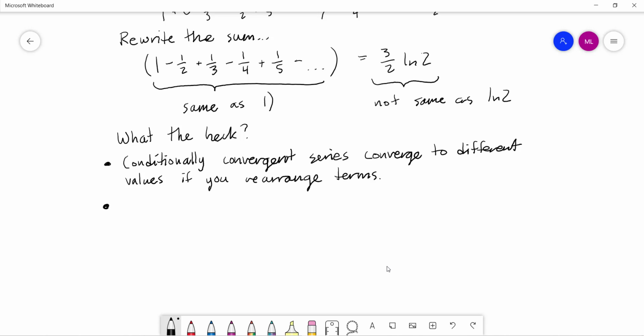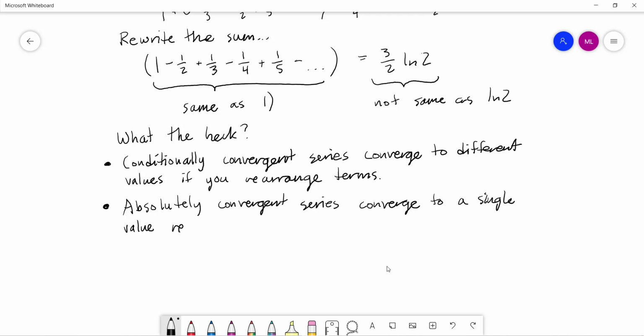It turns out, on the other hand, absolutely convergent series only converge to a single value, regardless of how you order the terms.